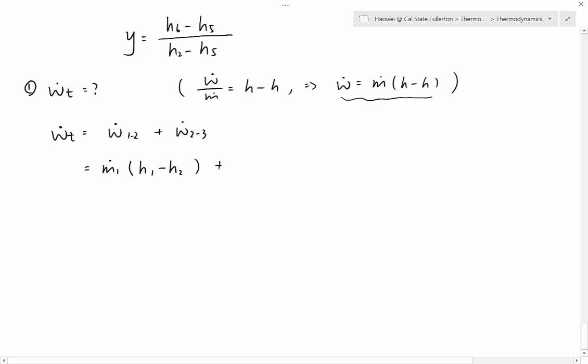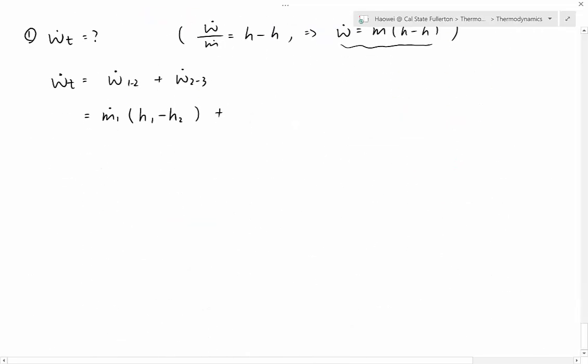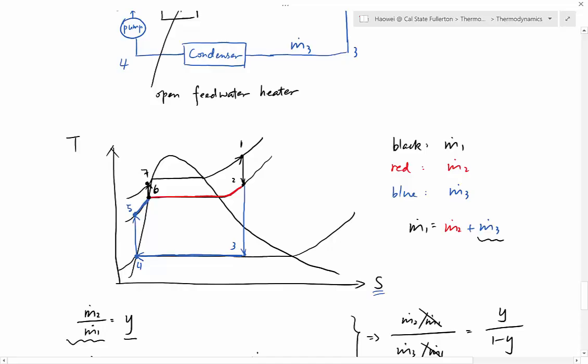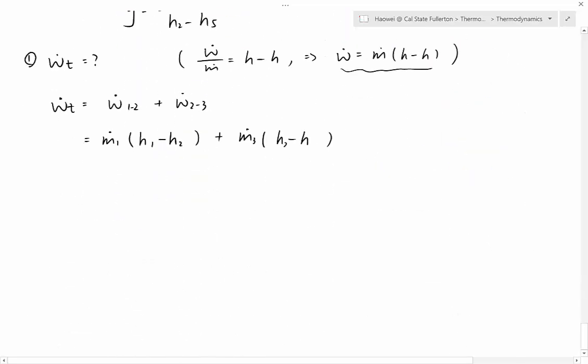What is the mass flow rate for 2 to 3? 2 to 3 is blue, so the mass flow rate is m dot 3, multiplied by the difference of the two enthalpies. Which one is higher, 2 or 3? 2 is the inlet, 3 is the outlet. 2 to 3 is the turbine, that's where you lose heat. So number 2 must have more energy. h2 minus h3. Okay.